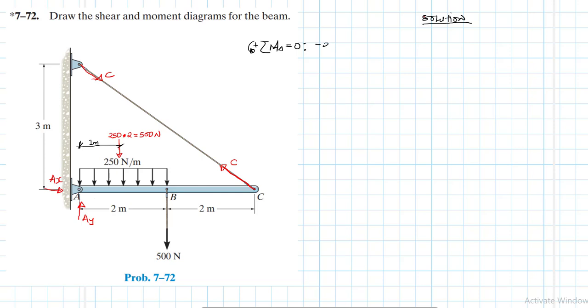We have minus 500 by 1, and then minus 500 by 2, and then we are going to have components here. The slope for this, let's just indicate the slope.